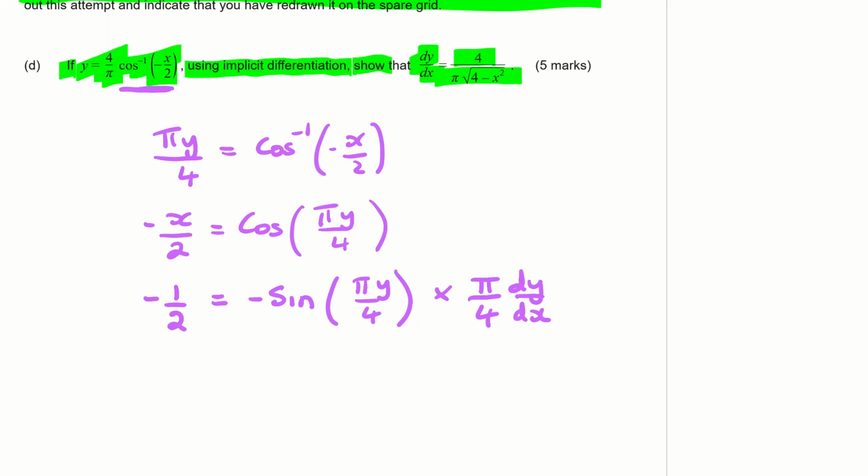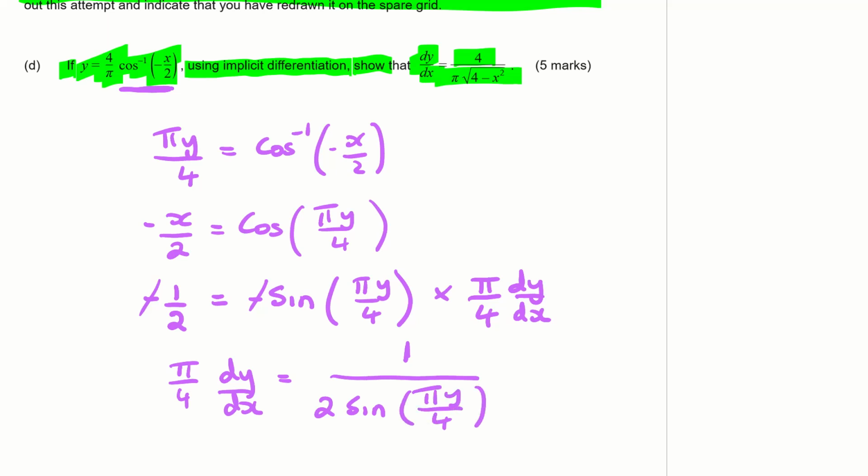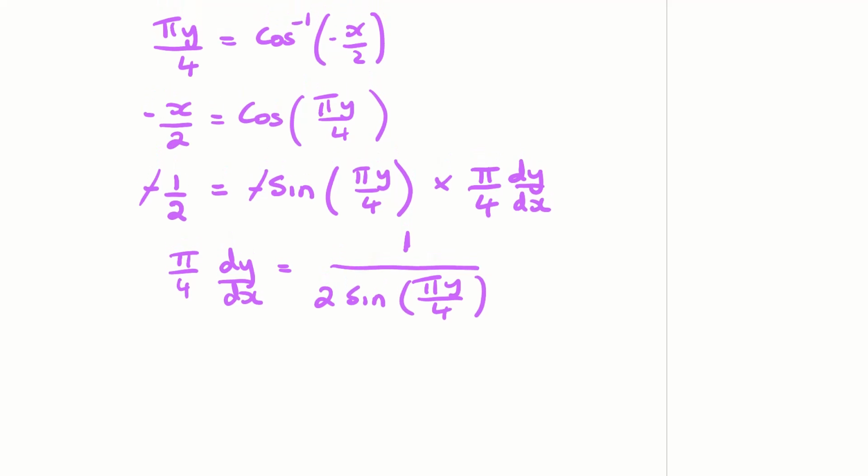So that gives me that pi by 4 dy dx would be equal to negative 1 over, let's just pop that negative in front there. In actual fact, let's lose these negatives. That will be better. So that's going to be 1 over 2 sine pi y divided by 4.